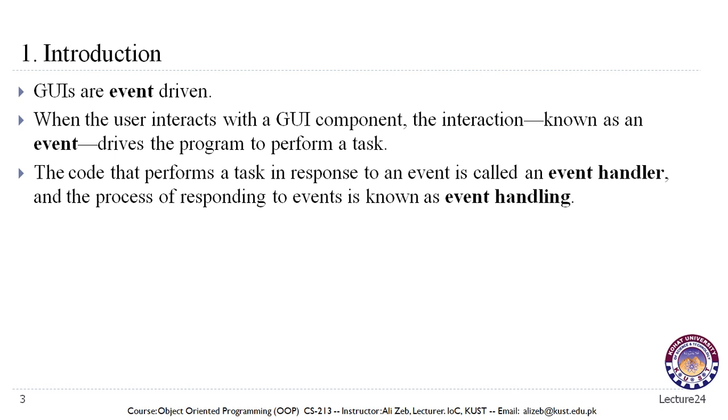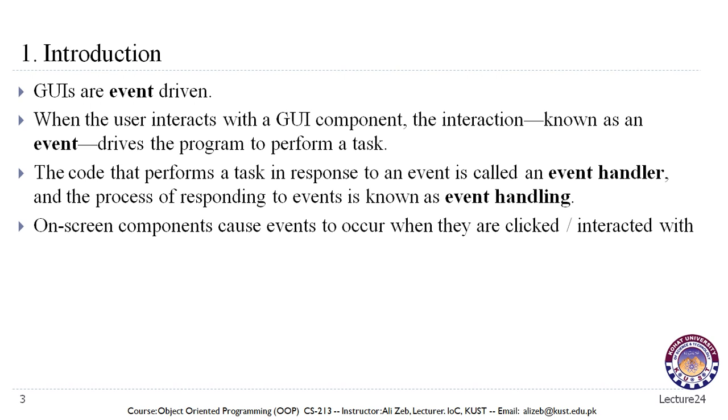For example, if we click on a button, there must be an event handler for that button that should do what we want the button to do. That process is called event handling, and the code that performs that task is called the event handler.